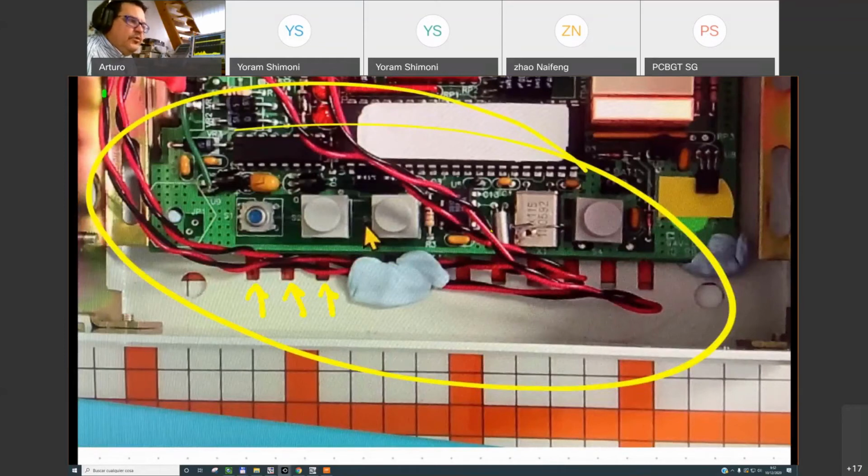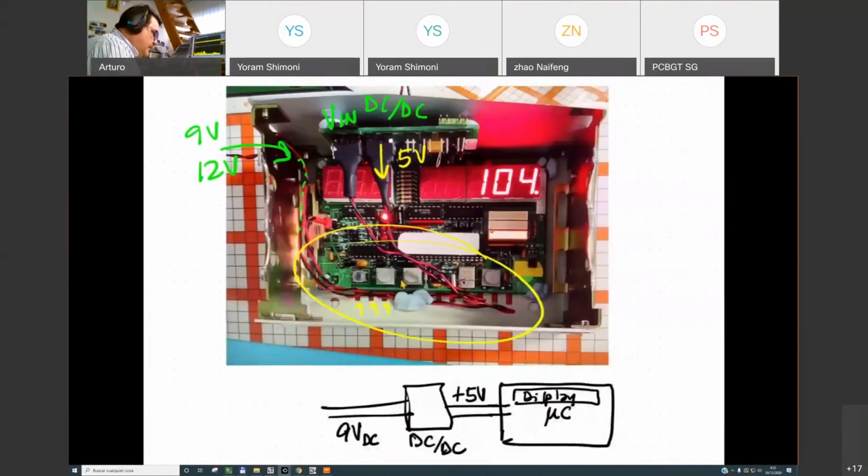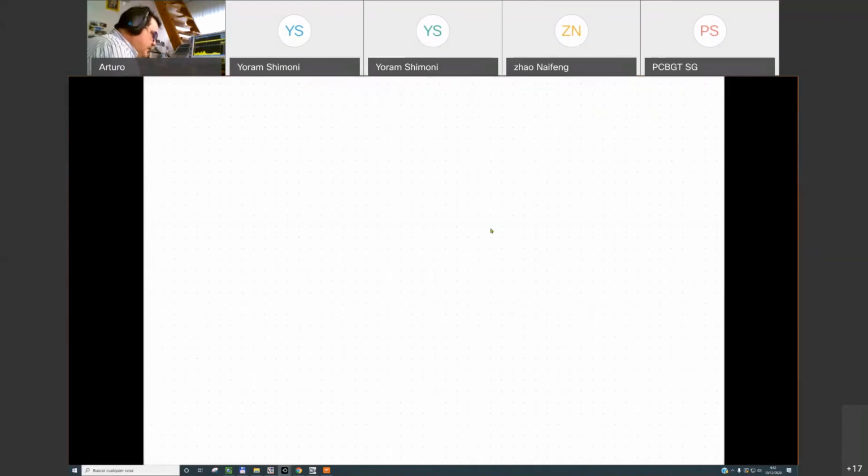You should never put aggressive elements close to slots or apertures, because you will have more probability of creating a coupling mechanism. If we draw this in a general view, this is my enclosure and this is the slot.